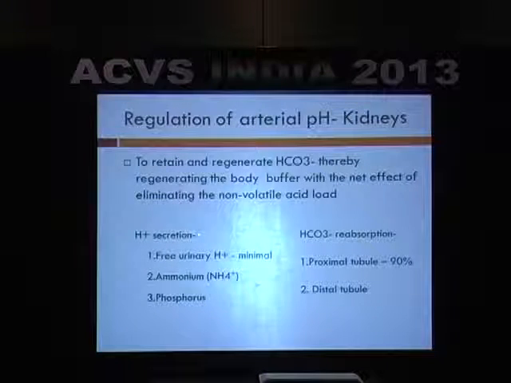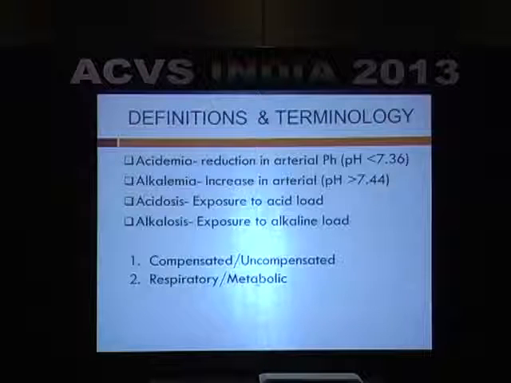It diffuses into the tubular lumen, binds H+ and forms NH4+. A little amount of free H+ is also excreted by the kidneys. Bicarbonate absorption occurs predominantly in the proximal tubules, and 10% of the bicarbonate absorption occurs in the distal tubule. So let us understand basic definitions.